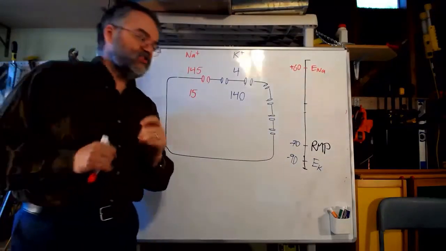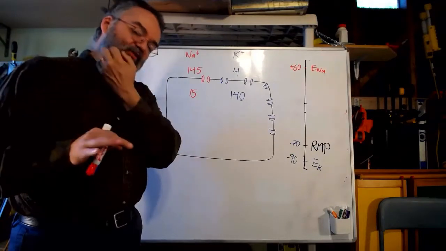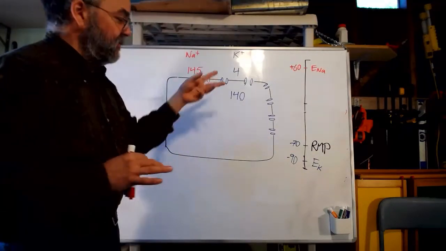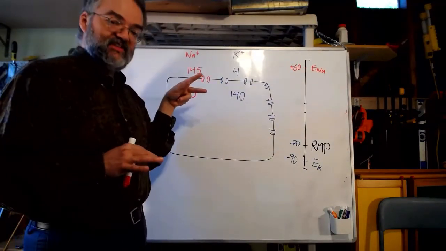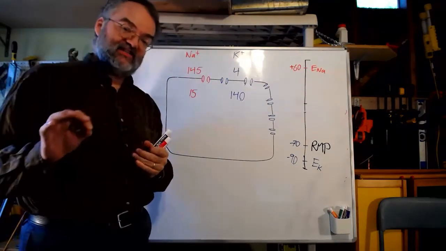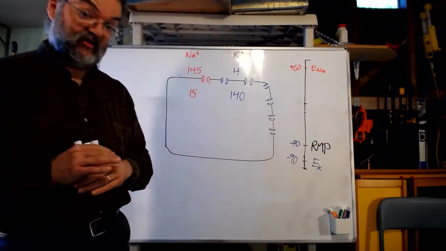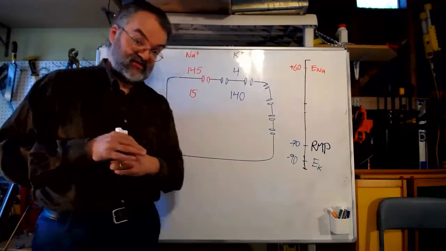A harder question would be to say, what if I increased this number? So I want you to think about that one. What would it do to resting membrane potential if I increased the concentration of potassium outside the cell? I want you to come up with an answer for that one on your own. Feel free to bring it to me during Zoom.